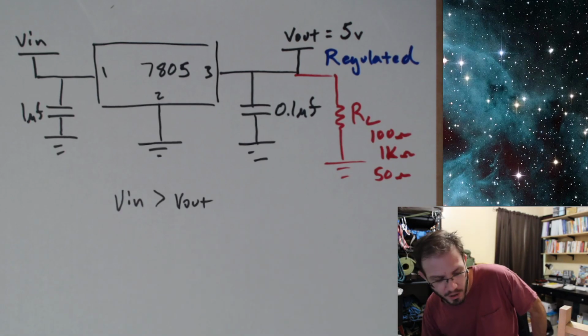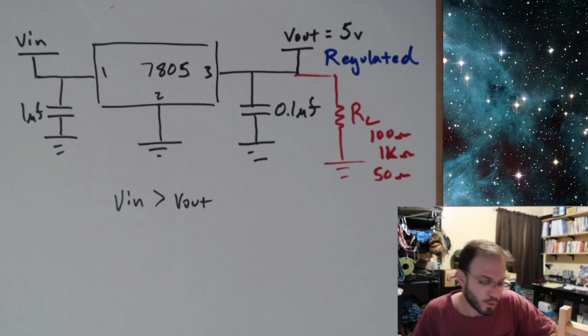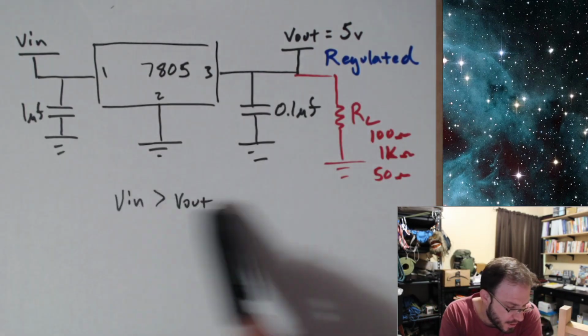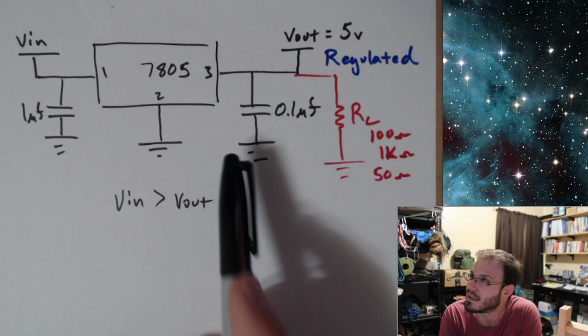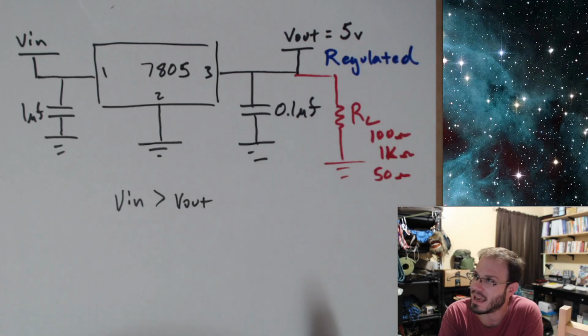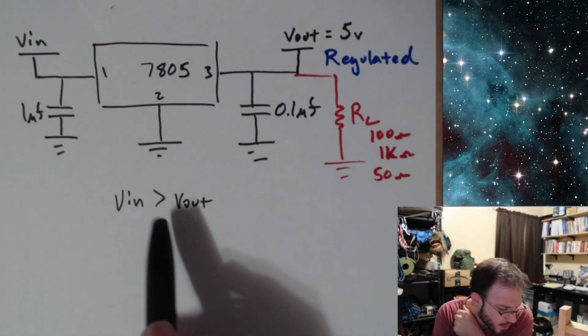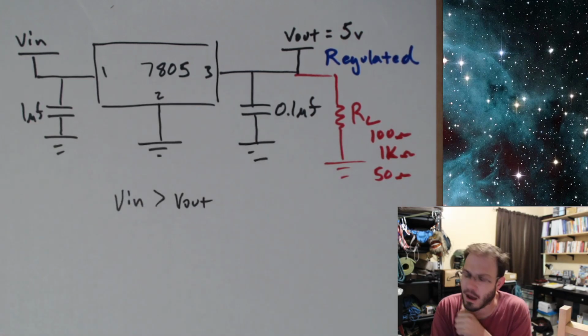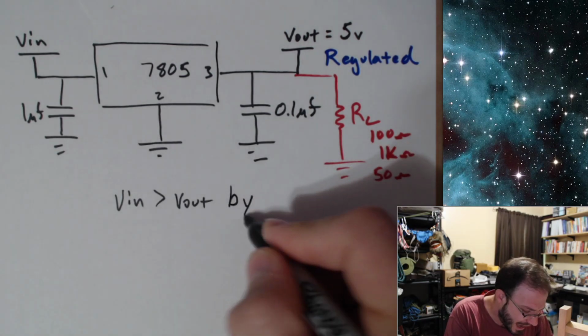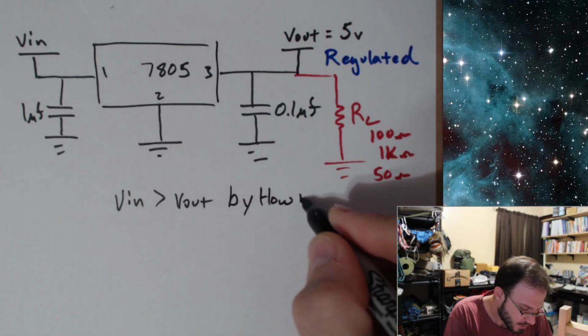But the regulator's only job is just to maintain this voltage over here. Okay, so Vin must be greater than Vout. By how much?